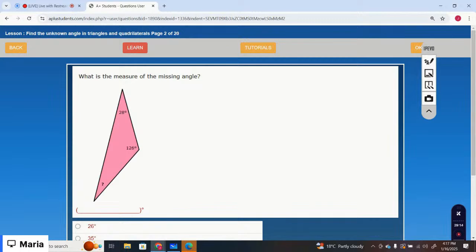What is the measure of the missing angle, which is the correct option?